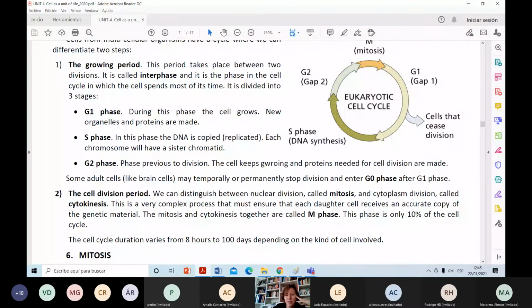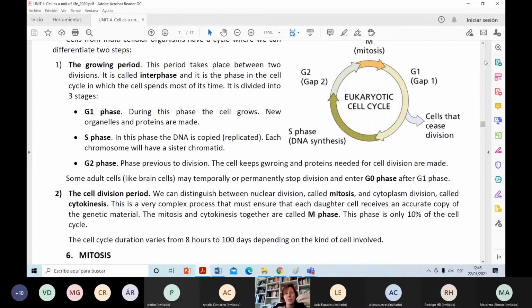This is S phase, where the DNA duplicates, and G2, which is the cell that is still growing, a little bit. The cell is producing all the proteins or the enzymes that are needed for the cell division to be undergone. Okay, so I like these parts best.